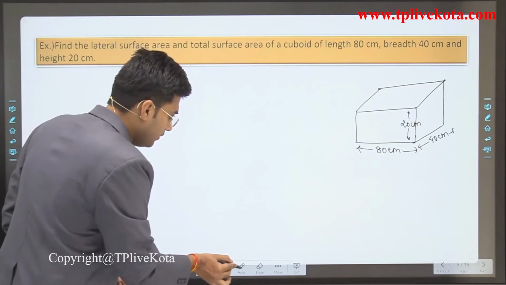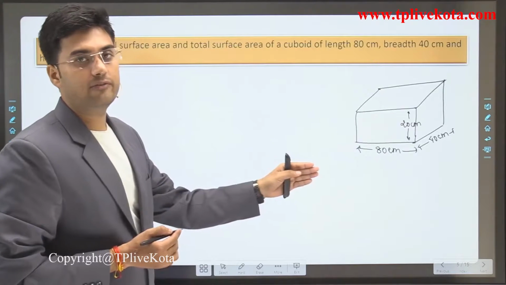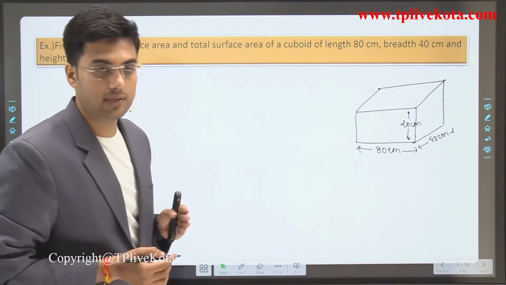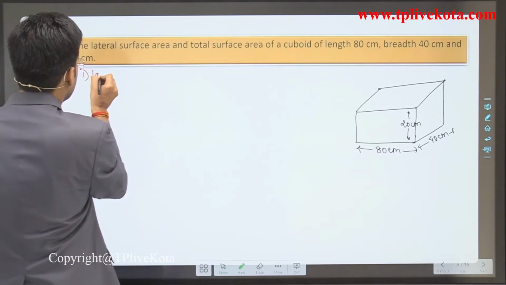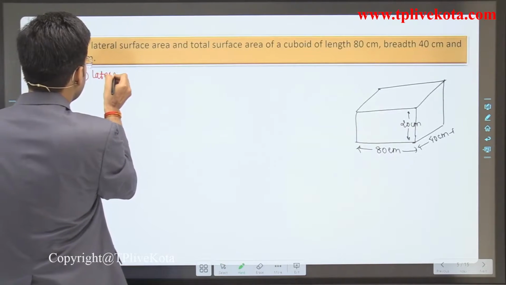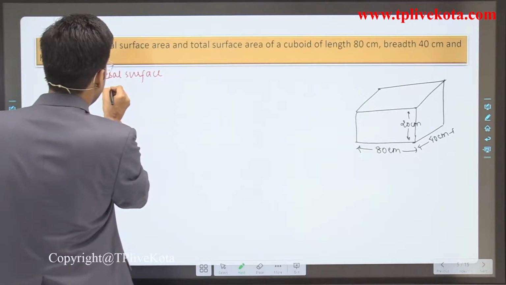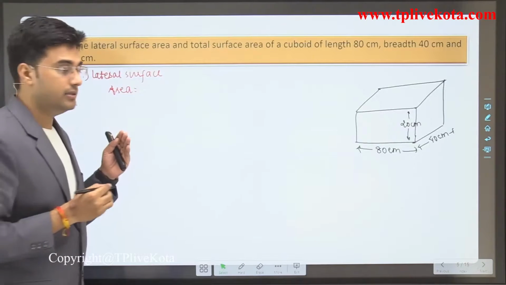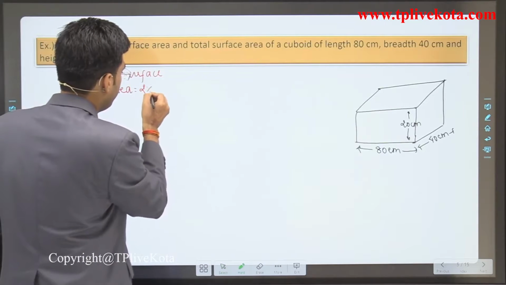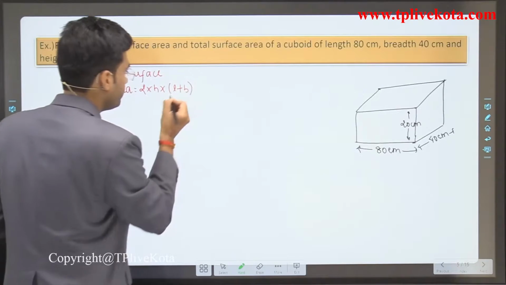And students, we know what the formulas for lateral surface area and total surface area are. So we know that lateral surface area is equal to 2 multiplied by height multiplied by (L plus B).